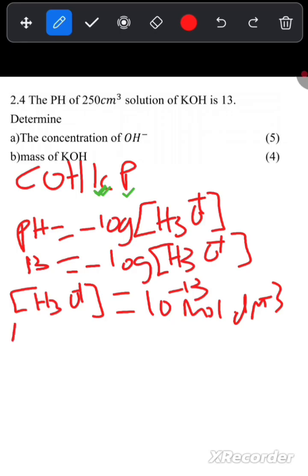I'll say Kw is equal to concentration of hydronium ions multiplied by OH minus is equal to 10 to the power negative 14.